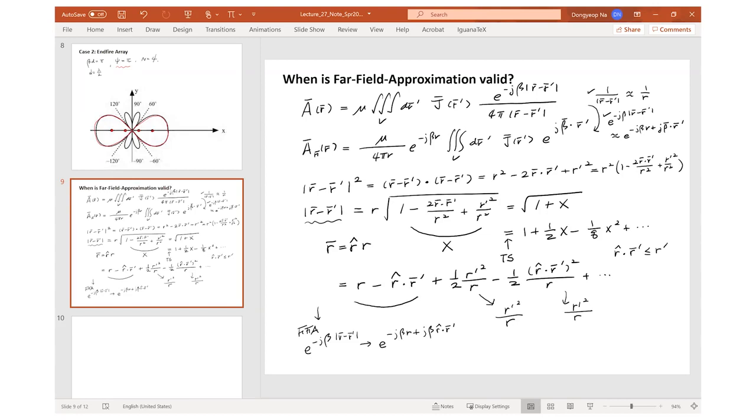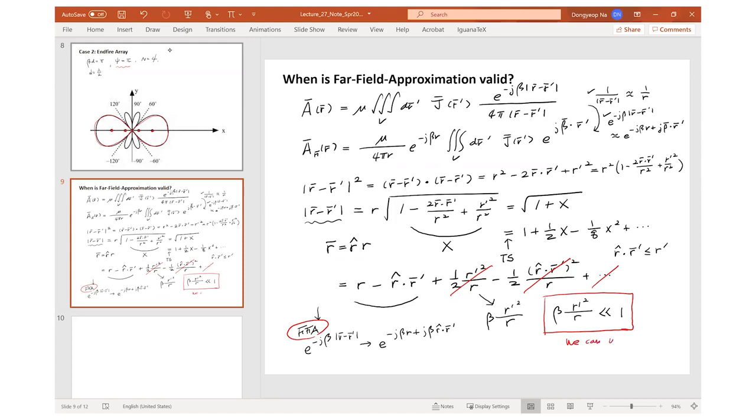So if we multiply beta by this order, and this is far less than unity, then we can ignore the higher order terms, so that we can recover the far field approximation. So again, if this condition is ensured, then we can use the far field approximation.